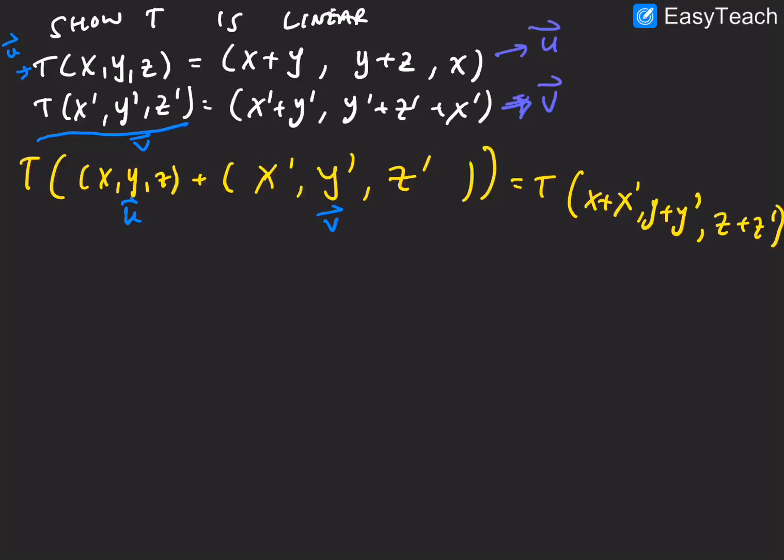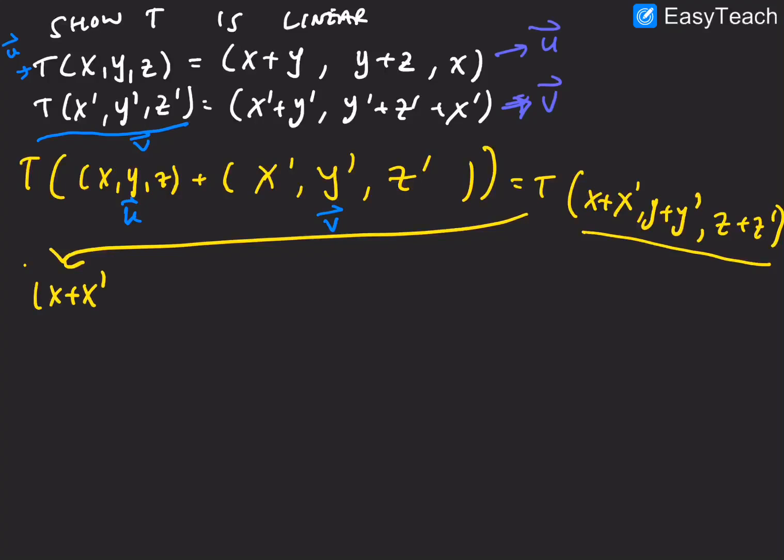Okay, now from here, I could use that step that I was just about to make. I'm going to bring that over here. Okay, so that equals x plus x prime plus y prime.